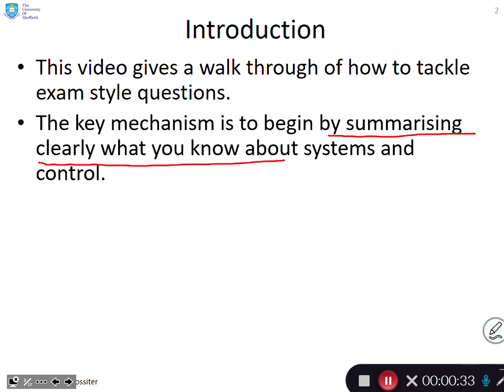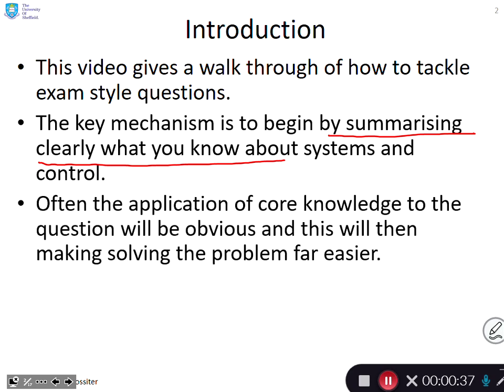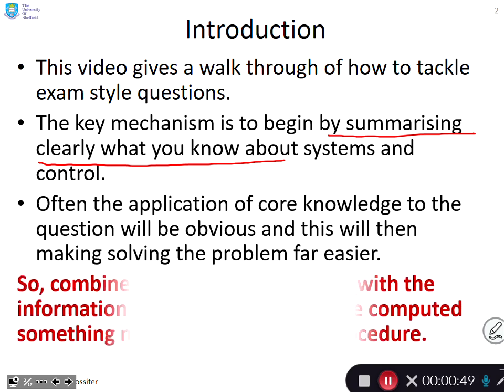So forget the question and think, what do I already know, and write that down. Often, if you apply what you already know to the question, it will be obvious how you can then work through the solution and solve the problem.